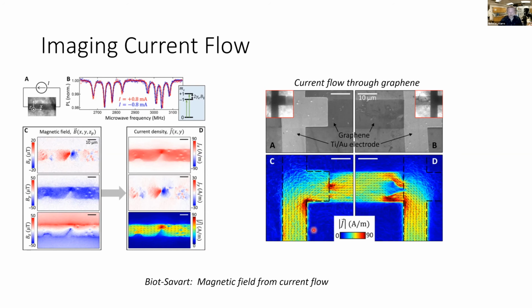Flow in graphene is a little bit different, partly due to graphene having a different kind of electronic structure. But that's more of a physics nerd thing, so you don't need to know about that. The point is, the NV centers are really powerful tools for imaging these kinds of magnetic fields.